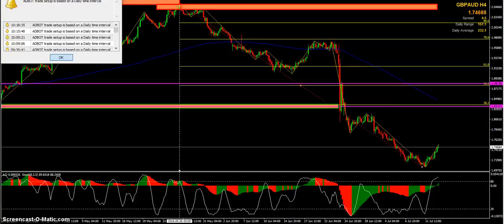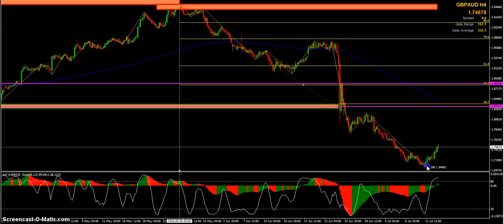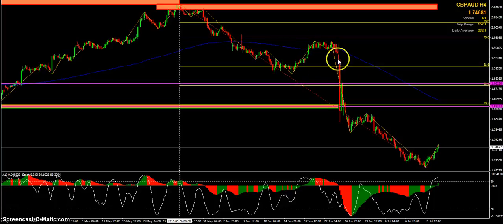So if I drop that down, we can roughly see this movement down here, and we have what appears to be 1, 2, 3. Now because 3 hasn't come back to the zero line until right now, it's very likely that all this movement here is wave 3 on the 4-hour chart.